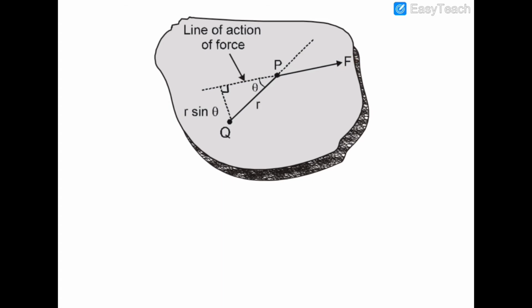Now the distance of P from Q is R, and we know that the torque would be equal to force into perpendicular distance from the point Q. The Q is the point about which we have to calculate the torque. So this is F into R perpendicular. Now R perpendicular would be R sine theta. So this is R sine theta.